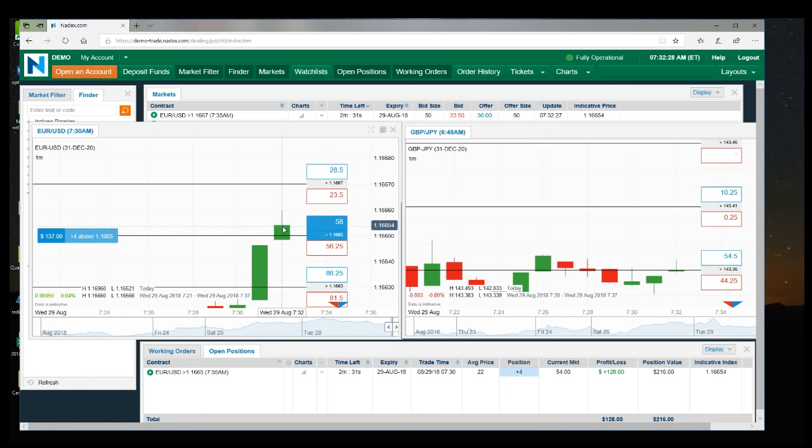I don't want to see a weak bar here. I want to see a strong bullish bar here, not weak.